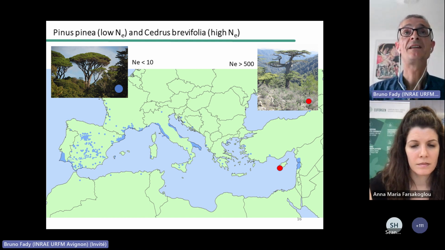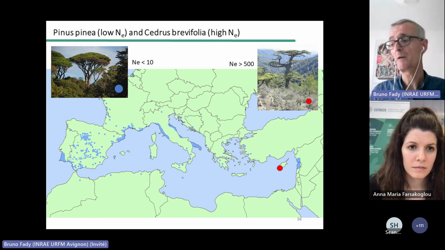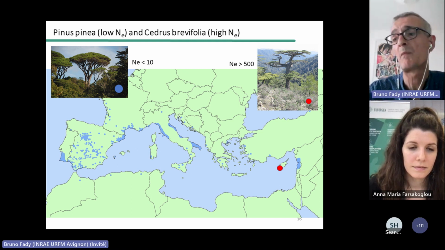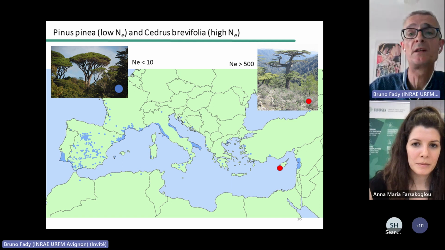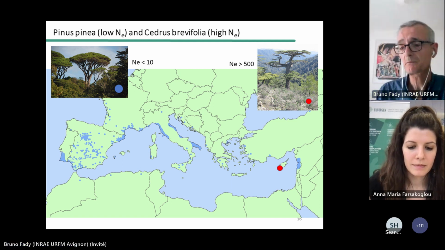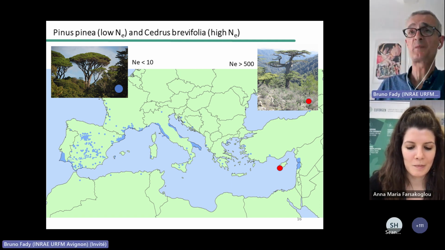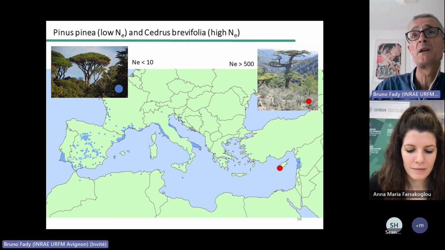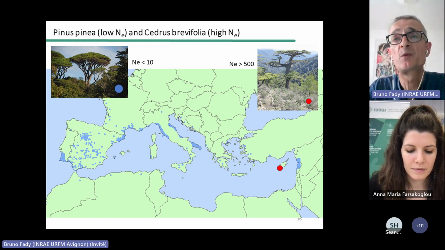So you would expect that one is a lot more at risk than the other one. Actually, when you look at NE, it's rather the opposite, with umbrella pine having a very, very low effective population size of less than 10, and Cedrus brevifolia having a huge effective population size of largely over 500. So contrary to expectations, the small-population species has higher NE than the widely distributed one.